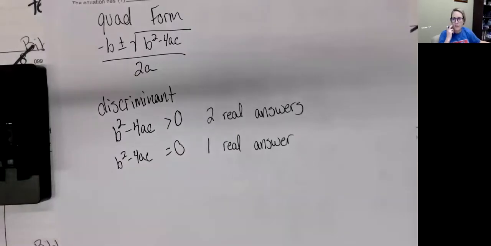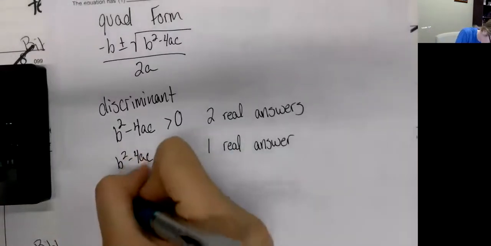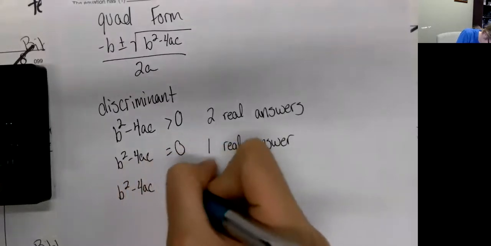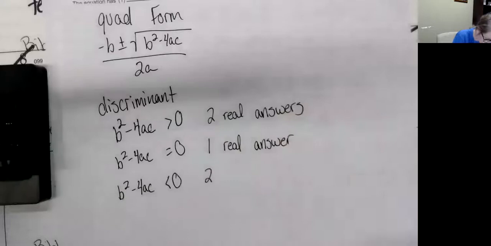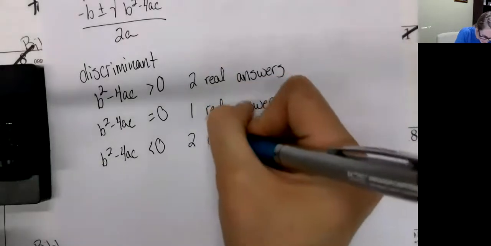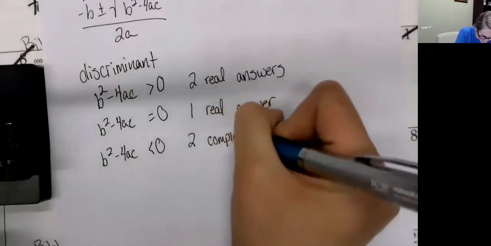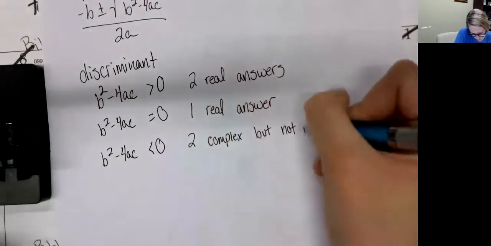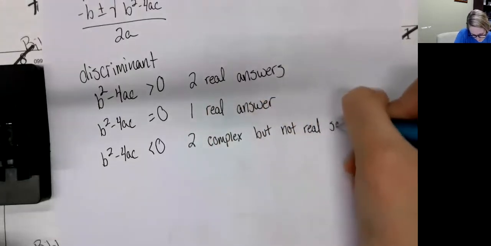Even with that plus and minus, we'd have one that was plus and one that was minus, but it's 2 real answers. But then if B squared subtract 4AC is less than 0, it's 2 complex, but not real, solutions.